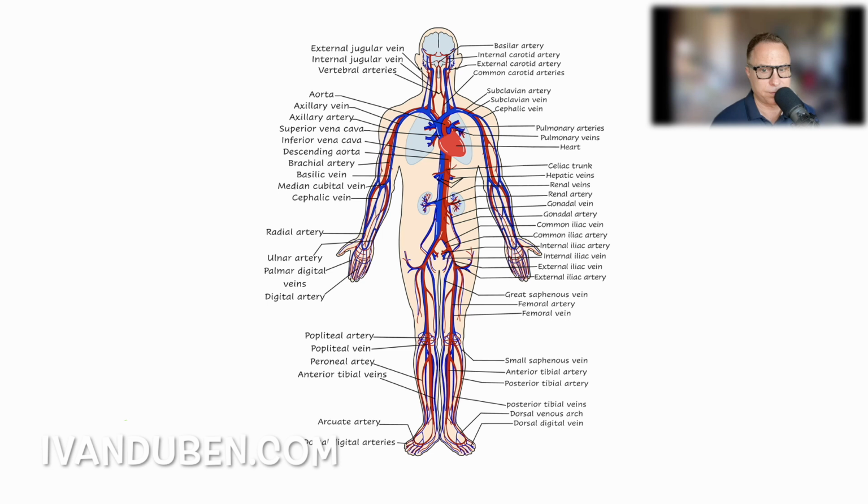Then the blood is being sucked back through the negative pressure above the diaphragm and relative local tissue pressures being brought back towards the center to be deposited back into the heart.